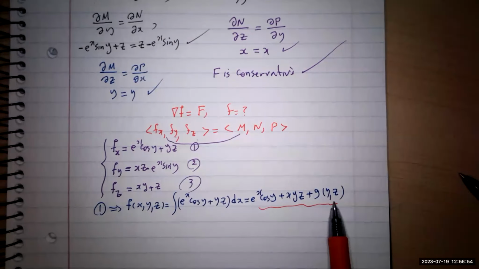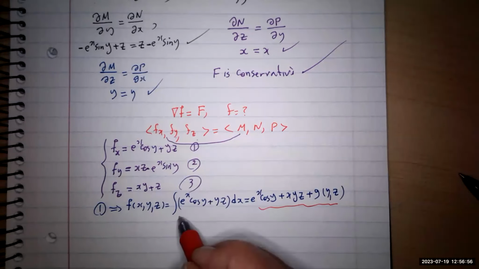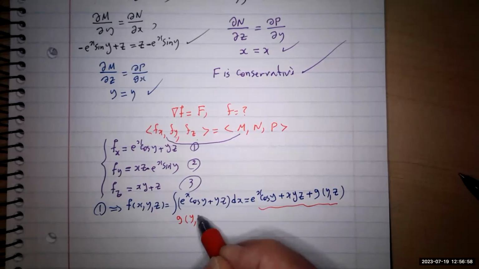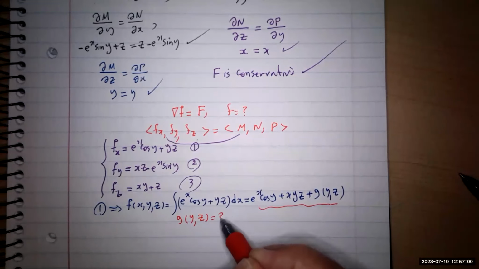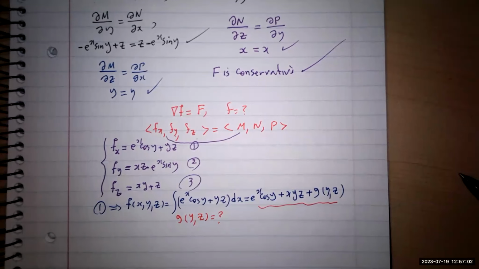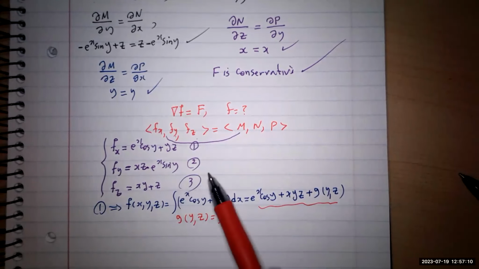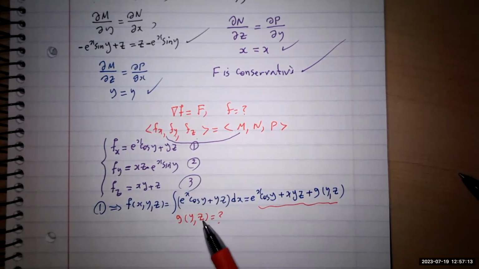But you have to check what is g. So the next step is going to be, what is g of z. Any question? Now, to get the g, you have to check it in 2 and 3. You check it in 2 to see if there is any y, and you check it in 3 if there is any z.